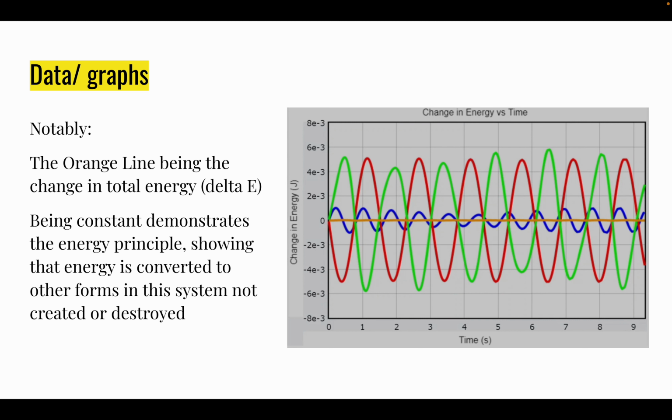It's only converted into other forms, and that is why you see such equal distribution of things happening in the other colors: when energy is converted, it is converted proportionally into something else.